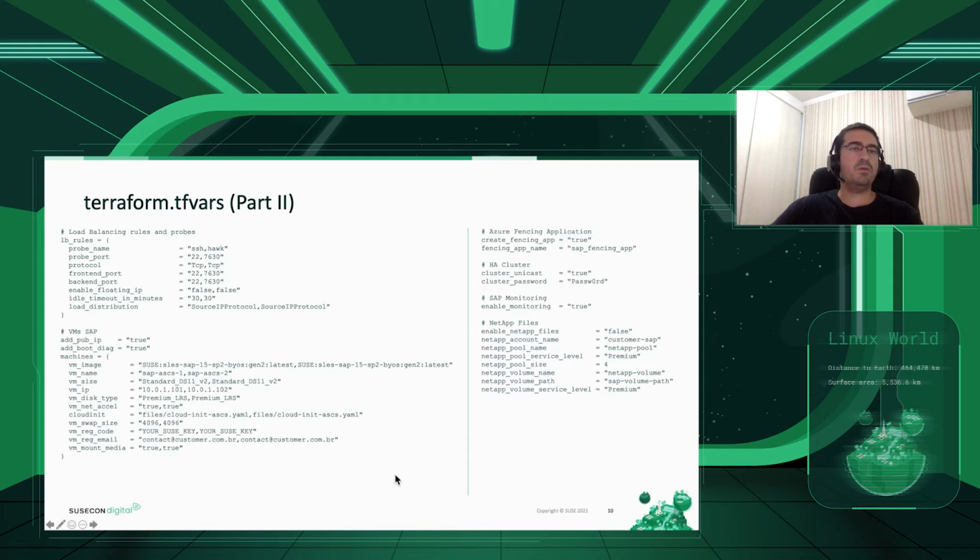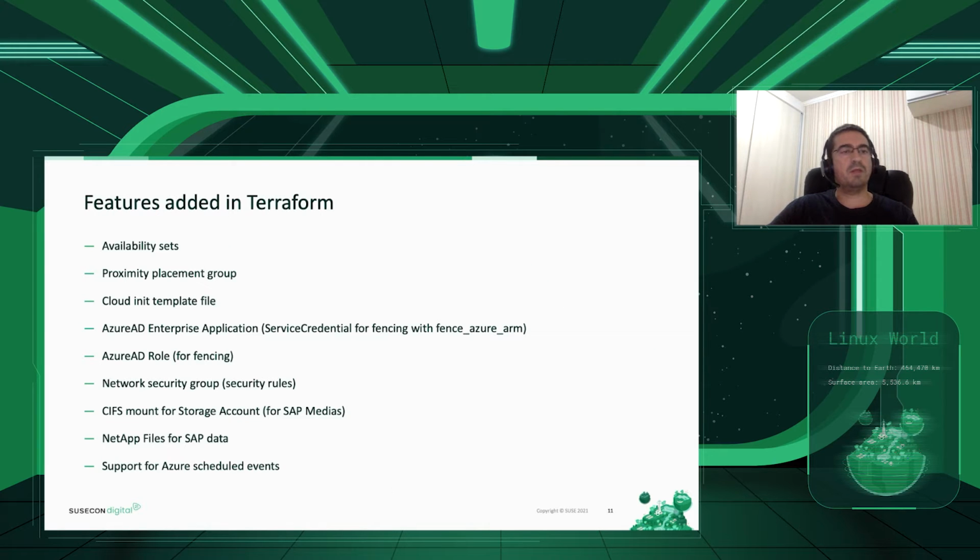In this work, we have added some features that, in our understanding, cover all the documentation that is available from SUSE and Microsoft, so that we implemented the features on Azure for availability sets, proximity placement group, and cloud-init template files to include our custom code.